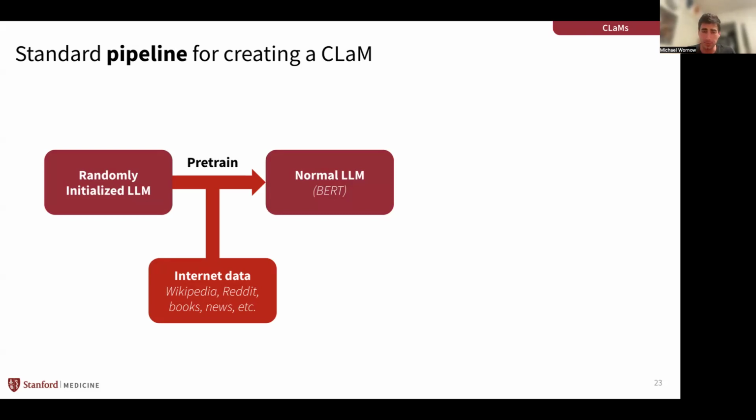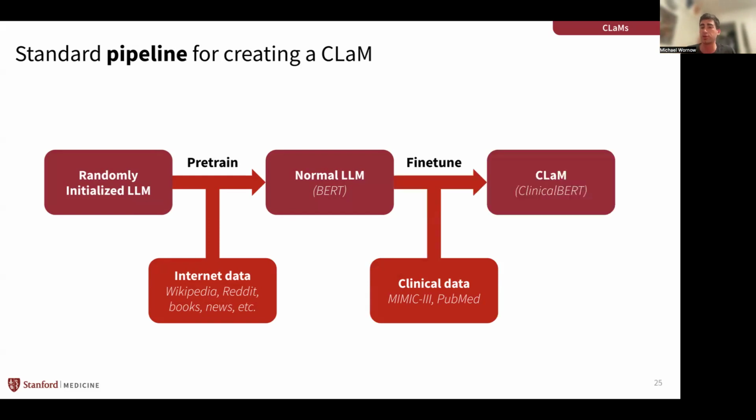And so after you have your general purpose large language model, to turn it into what we would consider a clinical large language model, all you do is you take a corpus of clinical data. Two popular ones are PubMed articles, and the clinical notes from the MIMIC-3 data set. And then you do what's called fine-tuning.